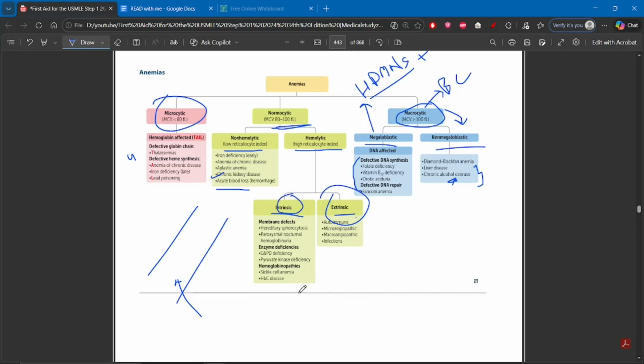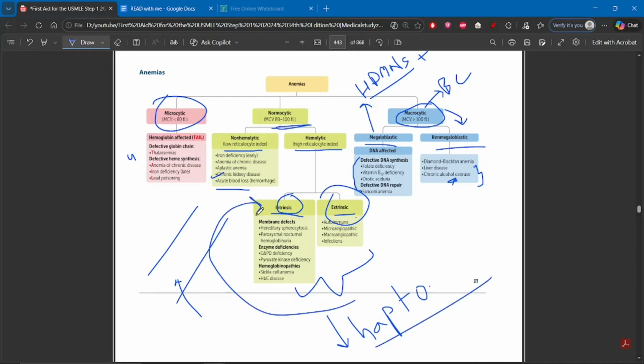The classical difference to identify them is decreased haptoglobin. This is the common difference. There is decreased haptoglobin in intrinsic. In extrinsic, we're going to have a normal haptoglobin.